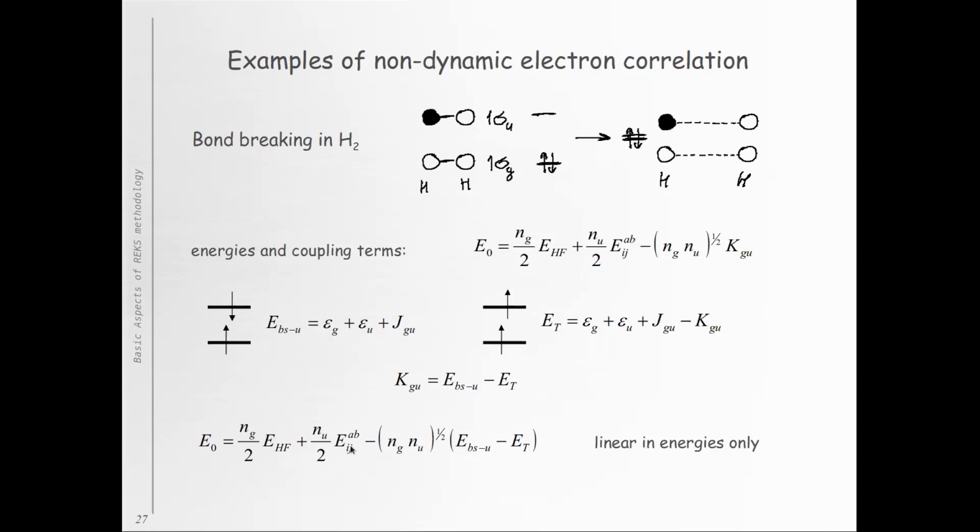There is only one free variational parameter because Ng plus Nu will always be 2, right? Because of this constraint, I have only one free variational parameter. I can minimize this energy expression with respect to any one of them and obtain the other from this constraint.